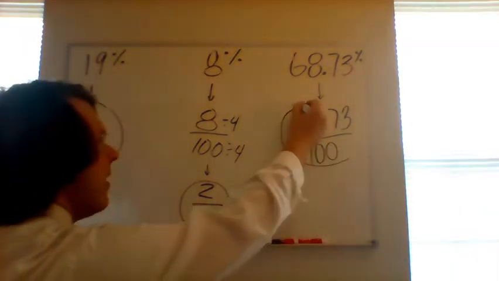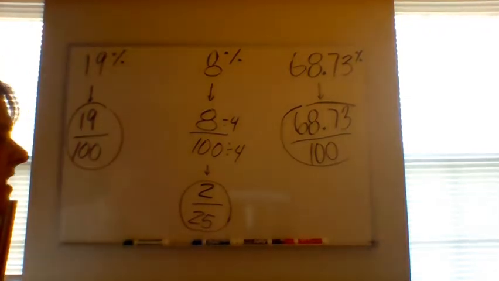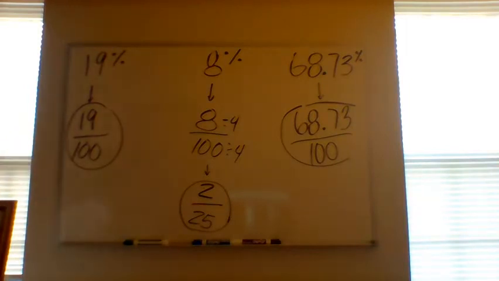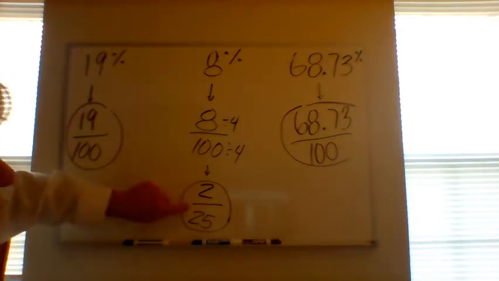The first way is to use a calculator and literally click divide. If you took 19 divided by 100 and typed that into your calculator, it would give you a decimal answer. The same thing if you took 2 divided by 25.